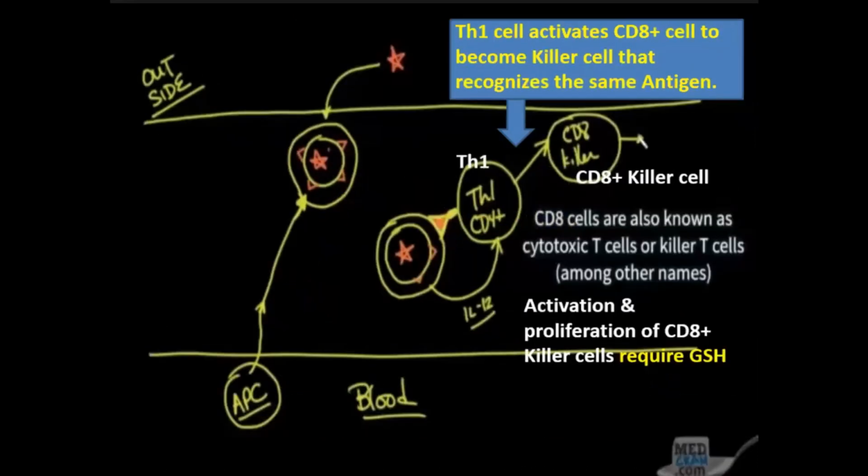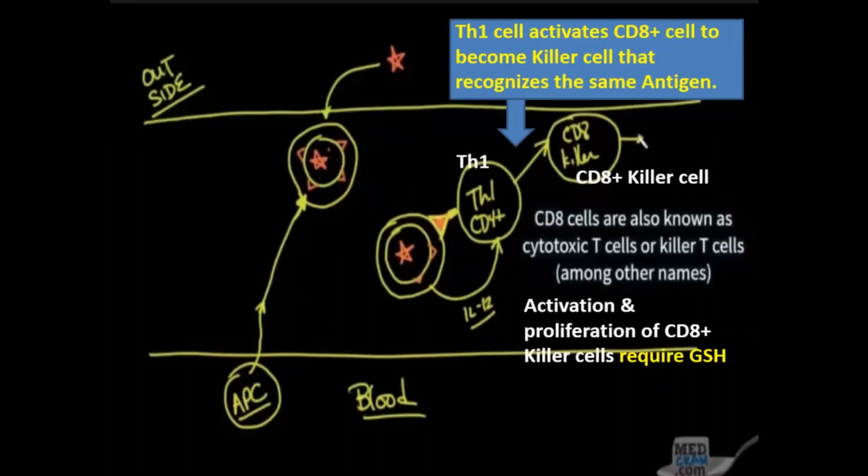Next, what happened? Then the converted cell, the CD4 cell that has turned into TH1, then activates the next group of cells called the CD8 plus cell to become killer cells that recognize the same antigen. Okay, so activation and proliferation of CD8 plus killer cells require glutathione.